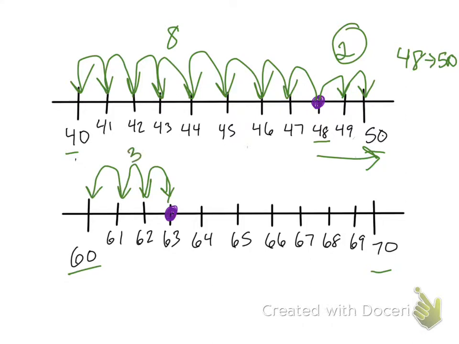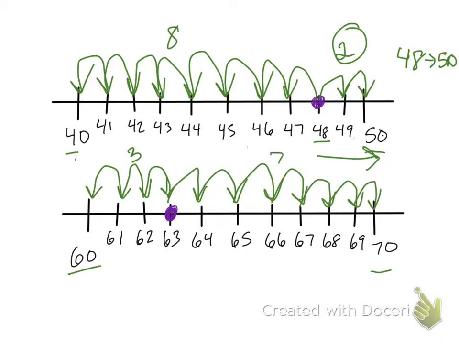And how many jumps to get to 70? 1, 2, 3, 4, 5, 6, 7. So is my number closer to 60 or to 70? My number is closer to 60 because it only took 3 jumps to get there. So if I was going to round 63 to the nearest 10, I would round it to 60.